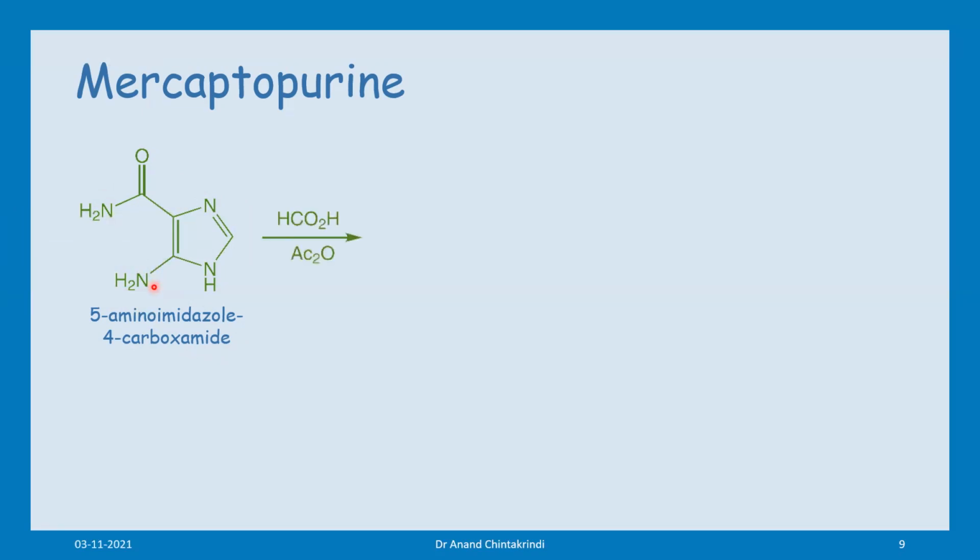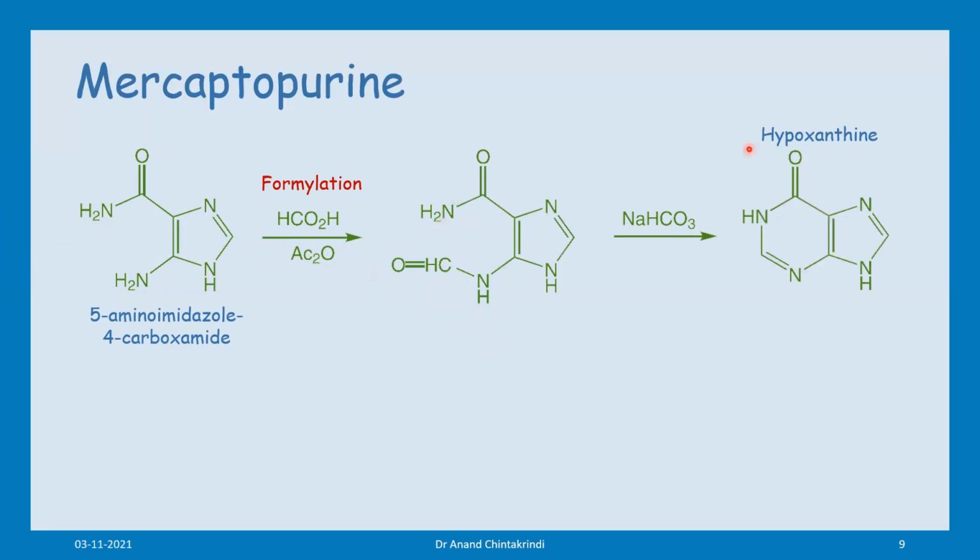This when you react with formic acid in presence of acetic anhydride, first a formyl group is attached to this amine position, and then when you react with a mild base you get the cyclization to hypoxanthine. So this is the formation of this hypoxanthine.